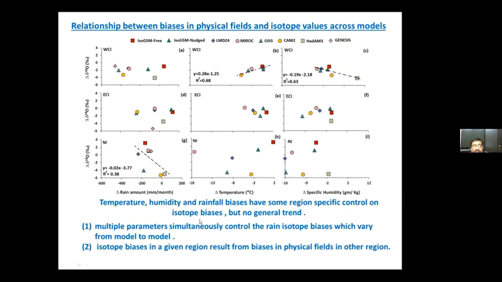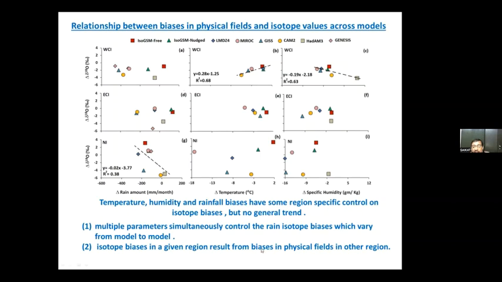So this indicates that the departure of these models from the observation is not controlled by any single parameter. There are multiple parameters simultaneously controlling the isotope values, which also vary from model to model. So isotope value biases in a given region result from biases in the physical fields in other regions. These are all the local parameters that we plotted.